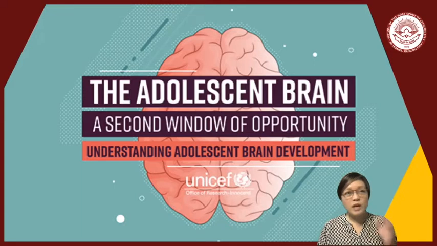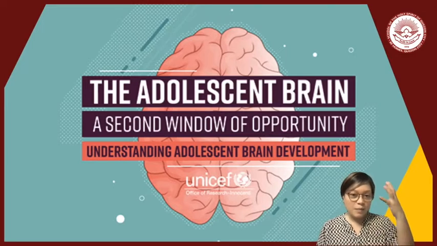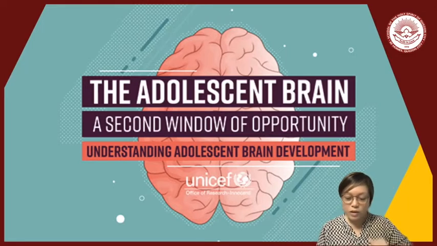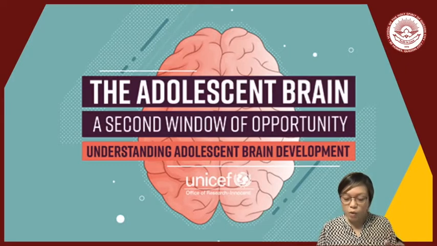if the limbic system and the parts of the limbic system are working overtime, there is another part of the brain which is found in your prefrontal cortex, wherein this part of the brain is not yet fully developed. But this part of the brain is responsible for your rational thinking, for decision making, logical thinking.